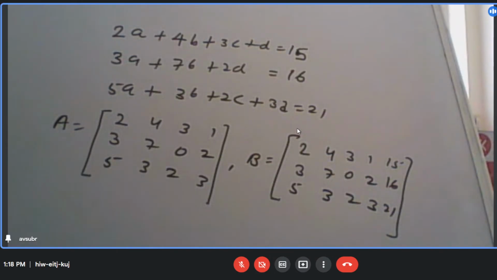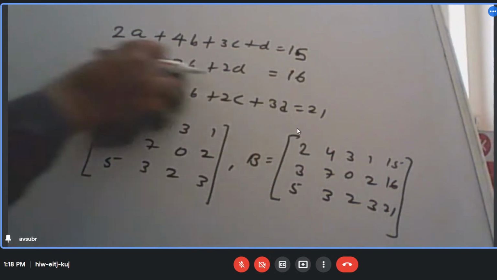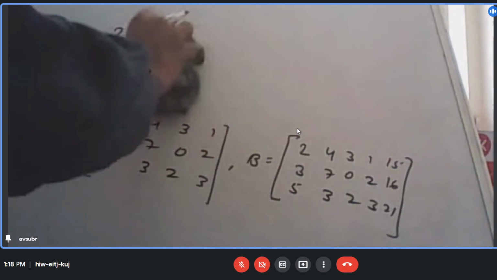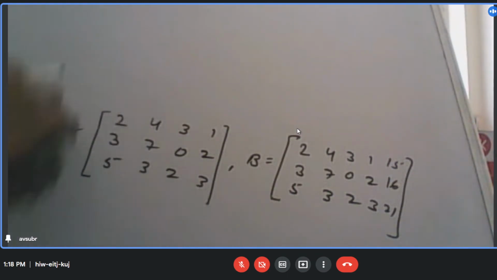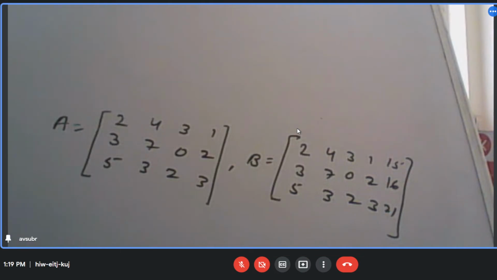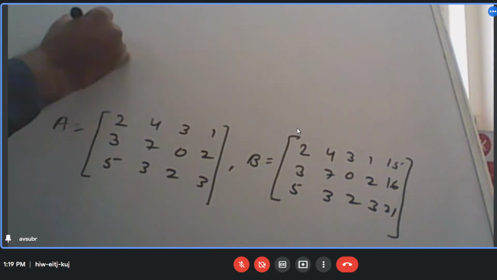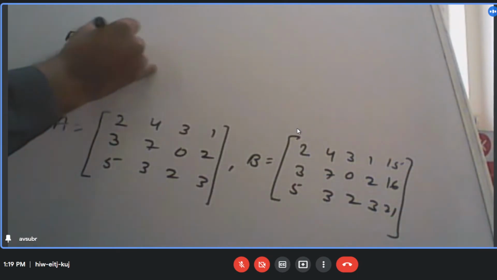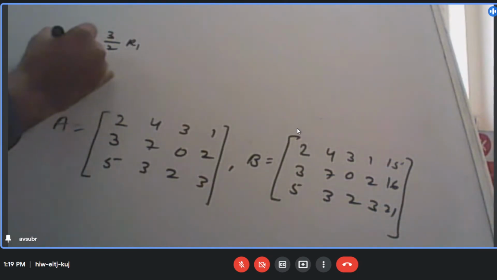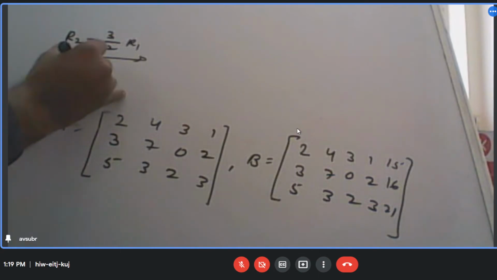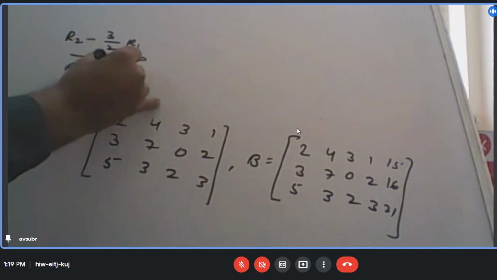Yes, sir. So now our first aim is to convert this augmented matrix into echelon form, as I told you. So let us bring it to that by row operations. R2 minus 3 by 2 R1 and R3 minus 5 by 2 R1.